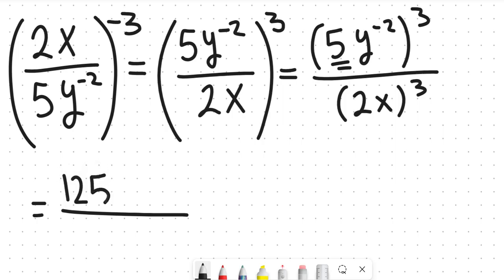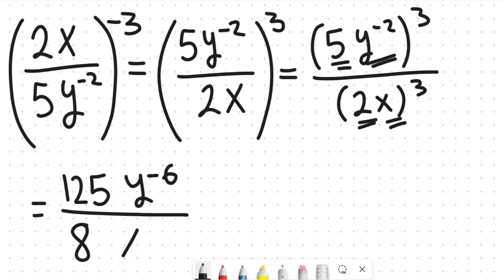If you want, you can write it as 125. Y to the negative 2 to the power of 3 is y to the negative 6. In our denominator, 2 to the power of 3 will be 8. X to the power of 3, x cubed.